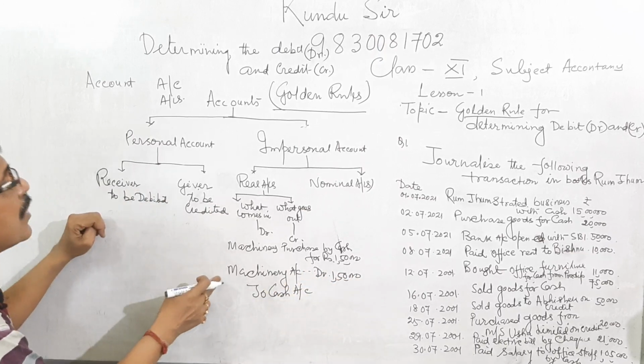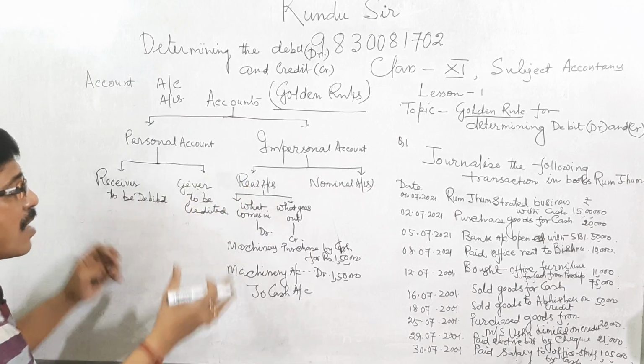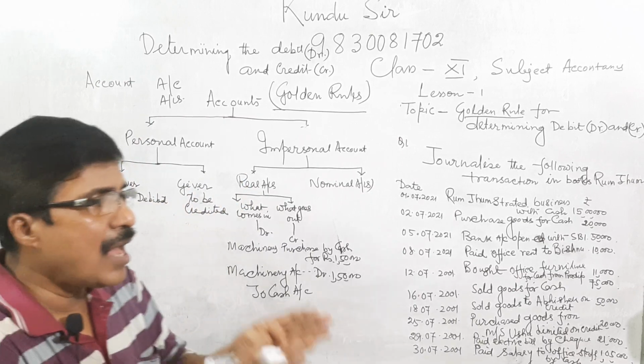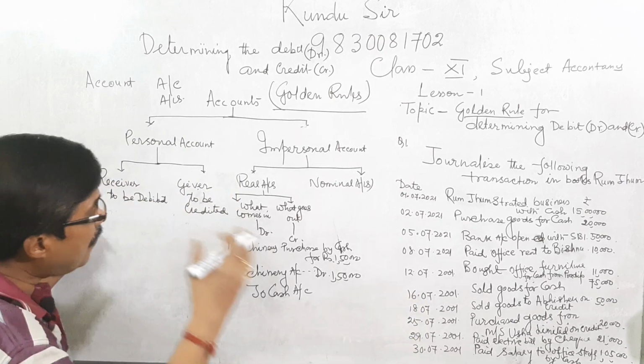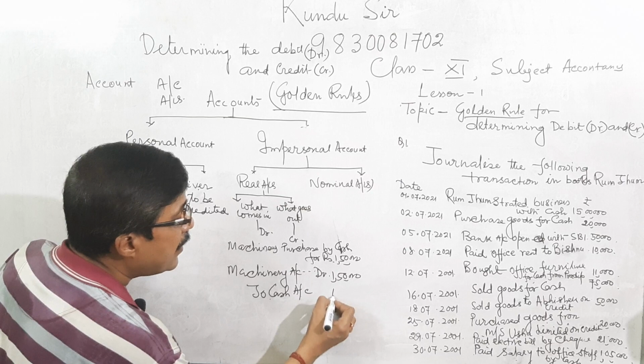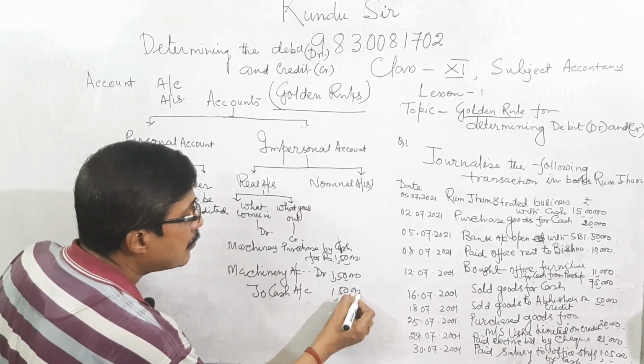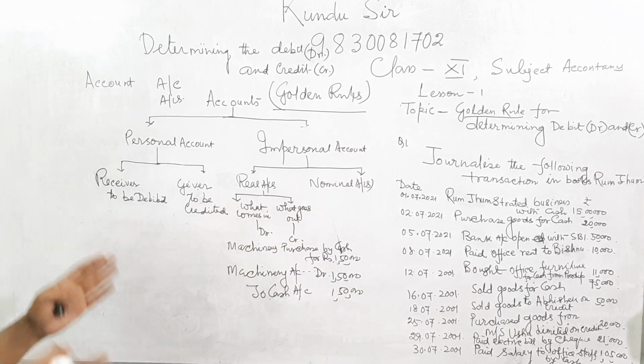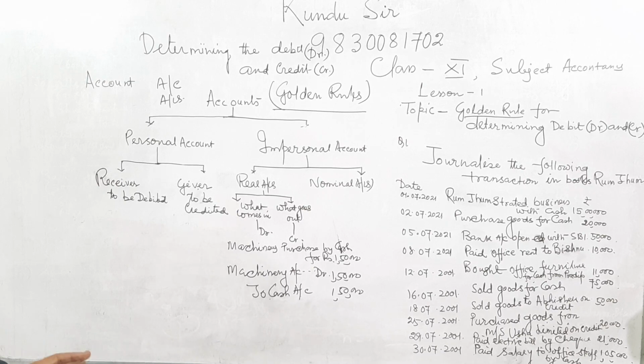Debit because it is a real account. We are getting a machine and we are making payment, that means cash goes out, so cash will be credited 1,50,000.